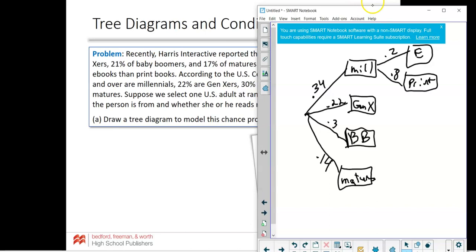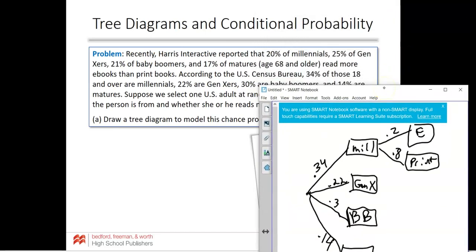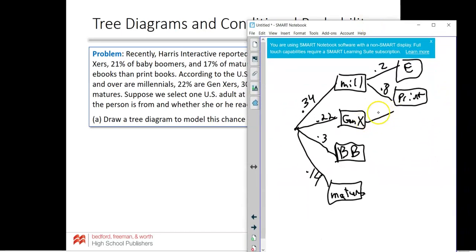And you keep going with this. 25% of Gen Xers, so 0.25 read the ebook, which means 0.75 must be the print book.